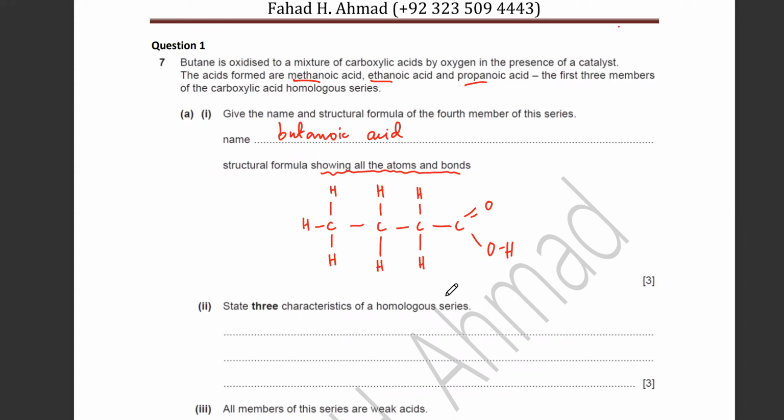और फिर वो कह रहे हैं the 3 characteristics of the homologous series. There were actually 5. Okay, homologous series is a family of organic compounds that have 5 things in common. First one, number 1, okay, they show similar chemical properties.